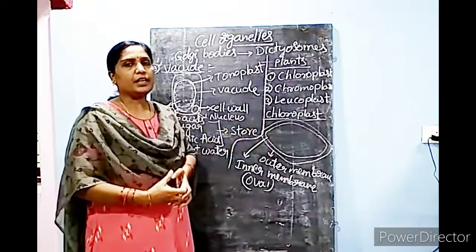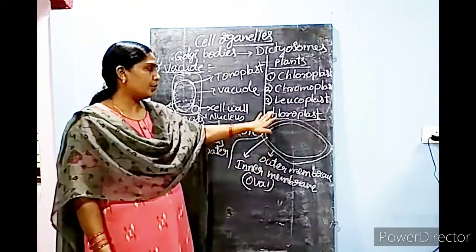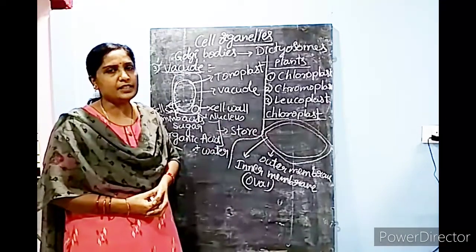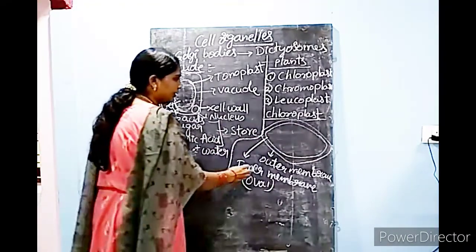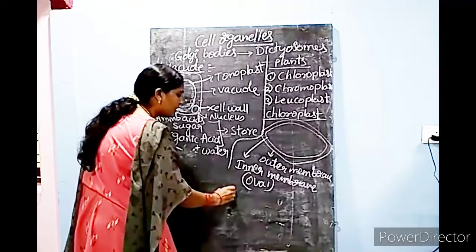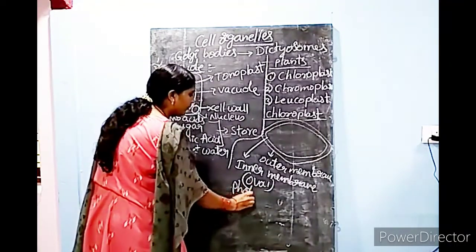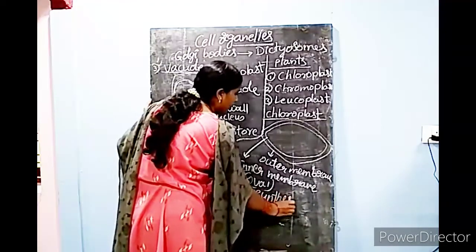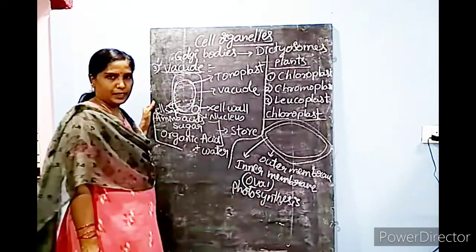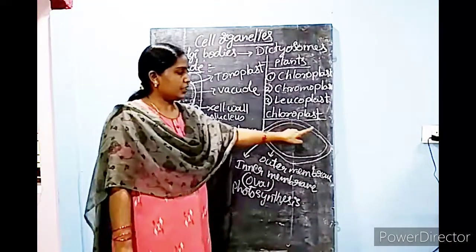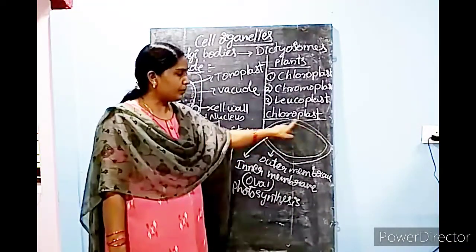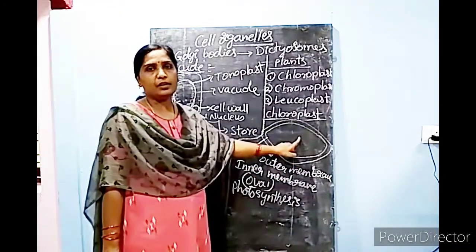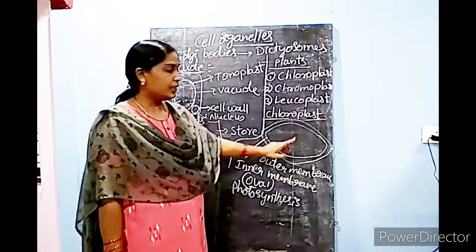So with the help of chloroplast, which function takes place in plants? The very important function, photosynthesis. Photosynthesis takes place with the help of chloroplast. So the shape of the chloroplast is oval and it is double membraned in structure.